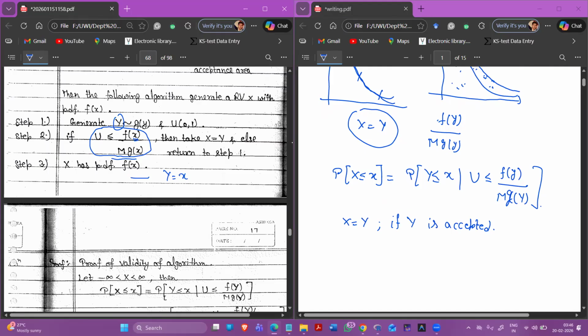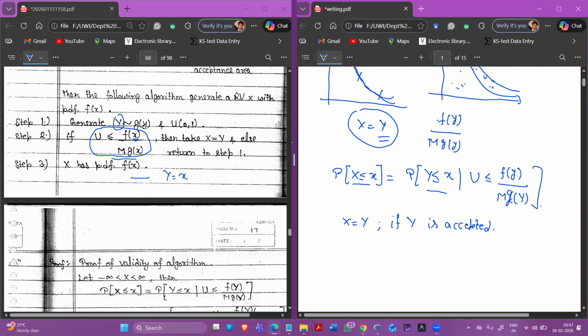That's why I replace X less than or equal to x with Y less than or equal to x, because my x, the one I finally accept, is basically y from g(y).